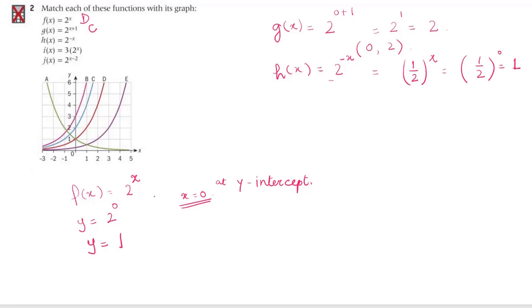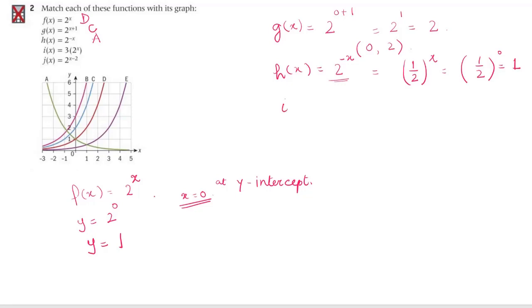And obviously it is an exponential decay because 1 over 2 is less than 1. So the exponential decay's graph should be downward sloping, and the y-intercept is 0 and 1. So h of x is A.